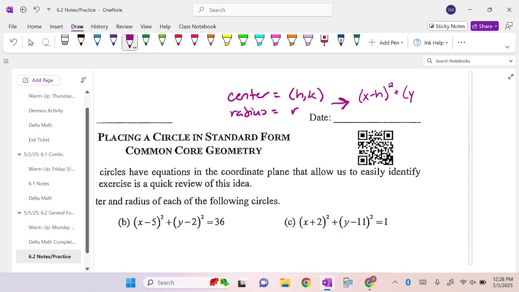I did a lot of this last week. Good. So (x minus h) squared, or x minus the x value of the center, all squared, plus (y minus k), or the y value of the center point, all squared, is equal to your radius squared.